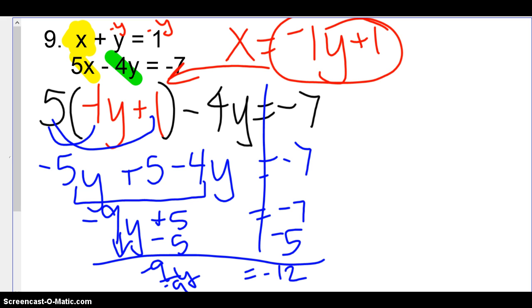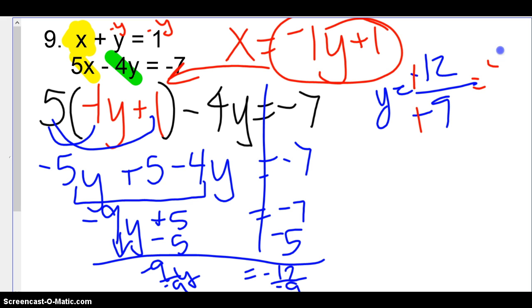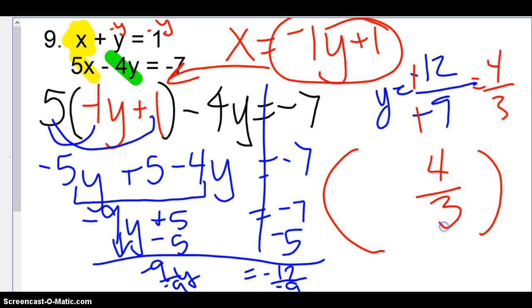Divide by my negative 9, divide by negative 9. So y equals negative 12 over negative 9. Negative. 3 goes into both, so 4/3. So I write in my little beautiful equation, 4/3.